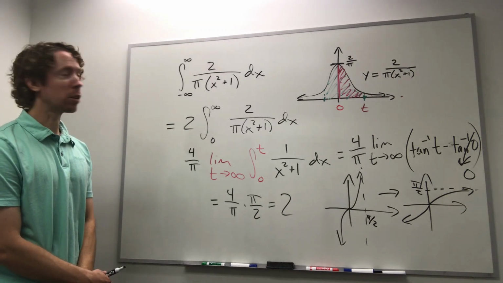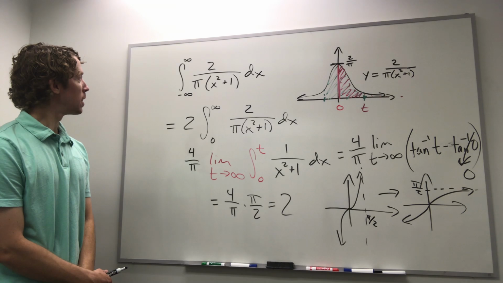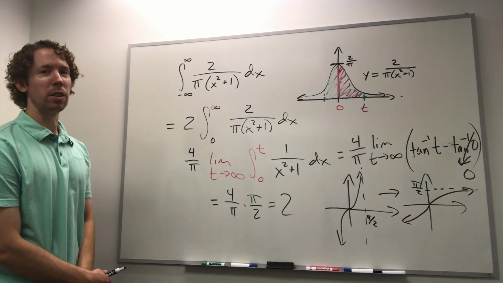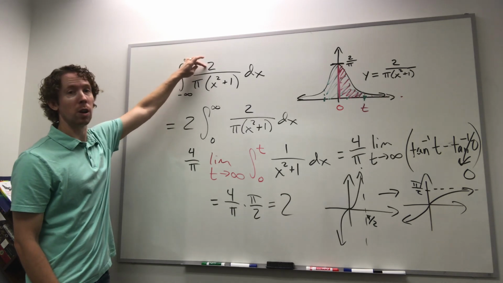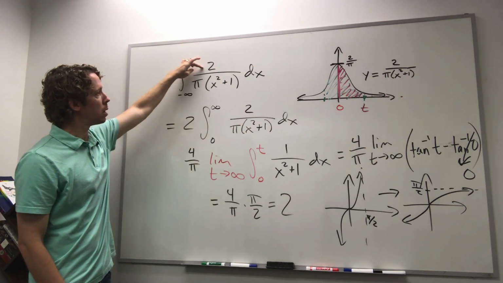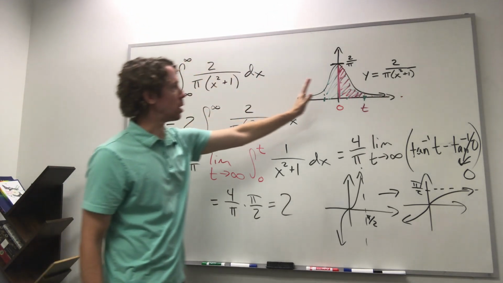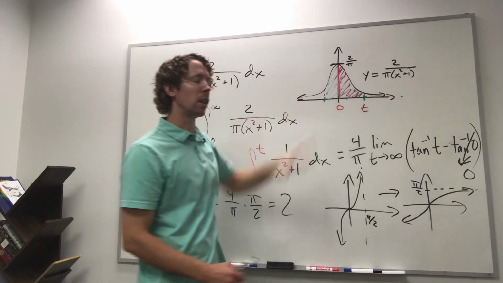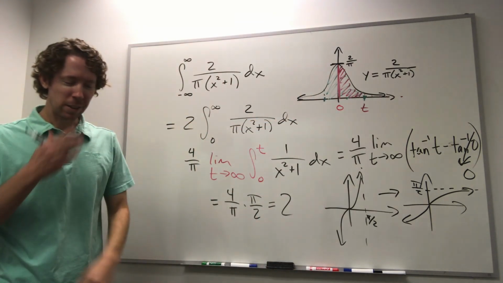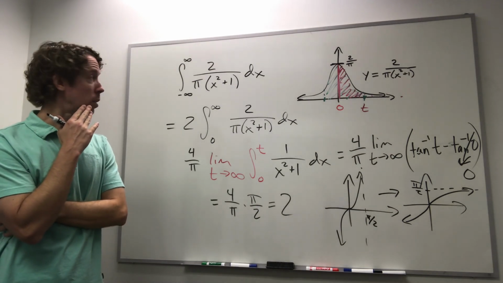I must have remembered incorrectly. I'm guessing that the deal is if you set it up with a 2 on top instead of a 1 on top, then you don't need to integrate out to negative infinity. Yeah, that's right. So I should have set this problem up differently.